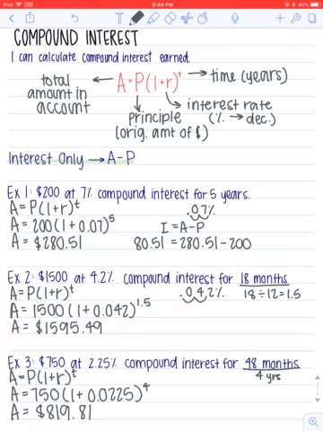So just like we did with the simple interest, pause the video here, make sure you have all of this information written down in your notes. Whether it's on the back of your simple interest sheet or on another sheet entirely, make sure you have all of this information.